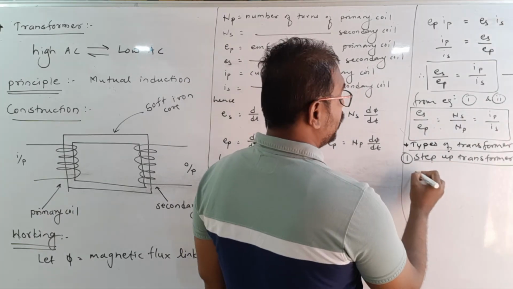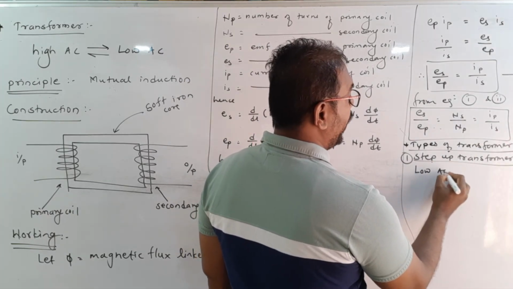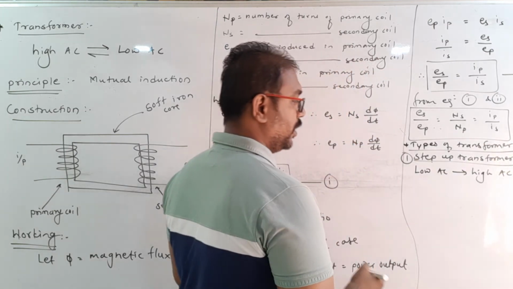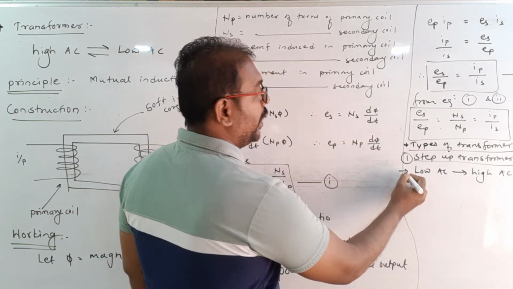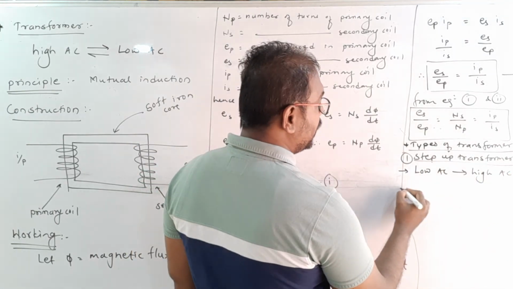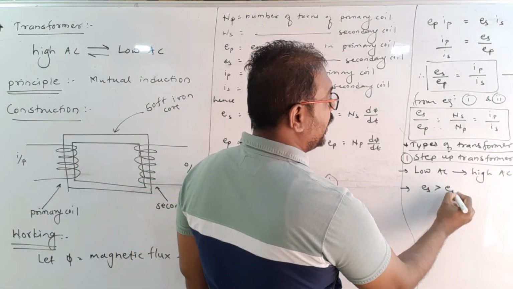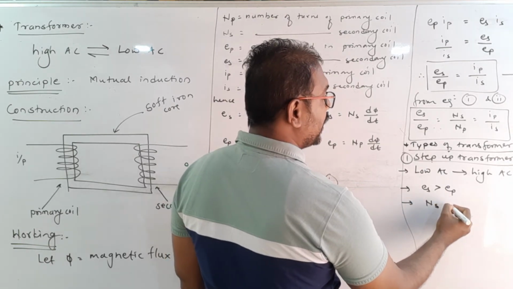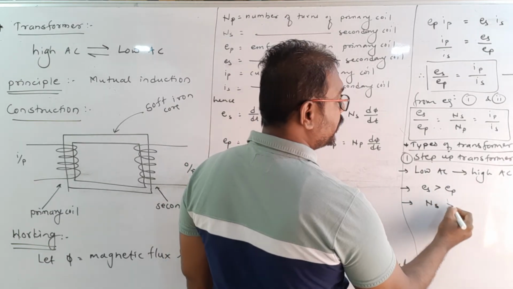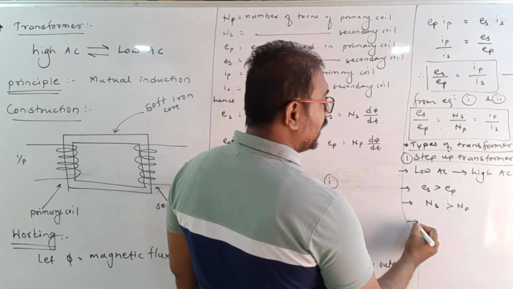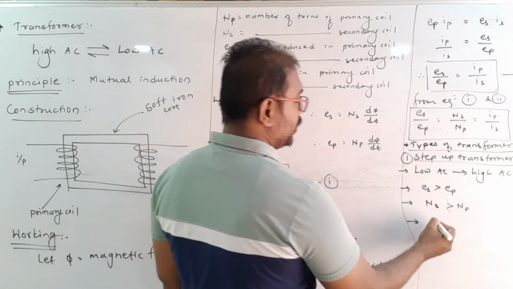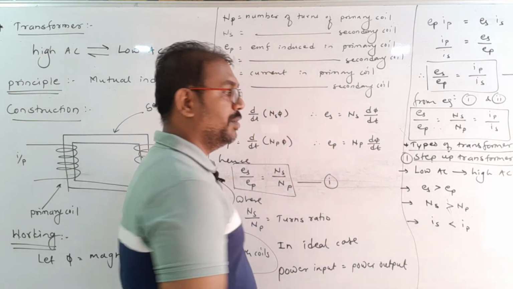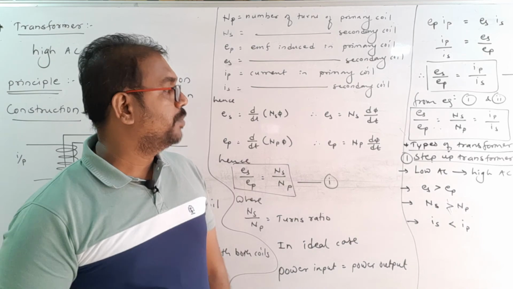It converts low AC to high AC. If the output is high, it means ES is greater than EP. Then the number of turns of the secondary is greater than the number of turns of the primary. It means the secondary voltage is greater, so the current is less for the secondary. So you can remember that for the step up transformer.